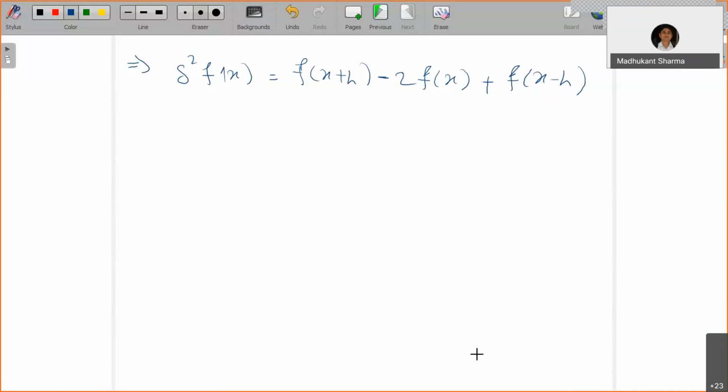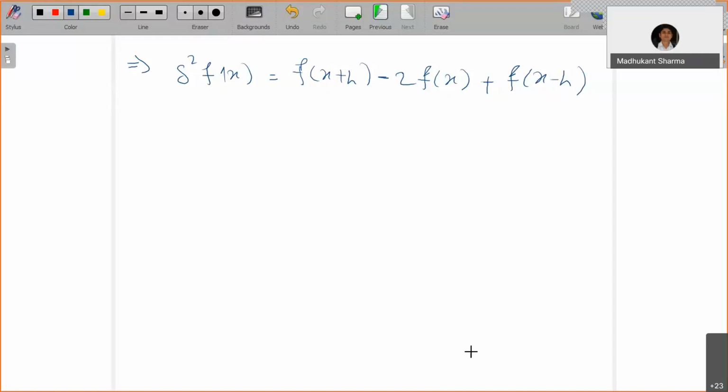We have identified a new difference operator because it gives a better approximation for derivatives than the forward difference and backward difference operators. This means the error in this case will be smaller than the error when you use the forward difference and backward difference operators.